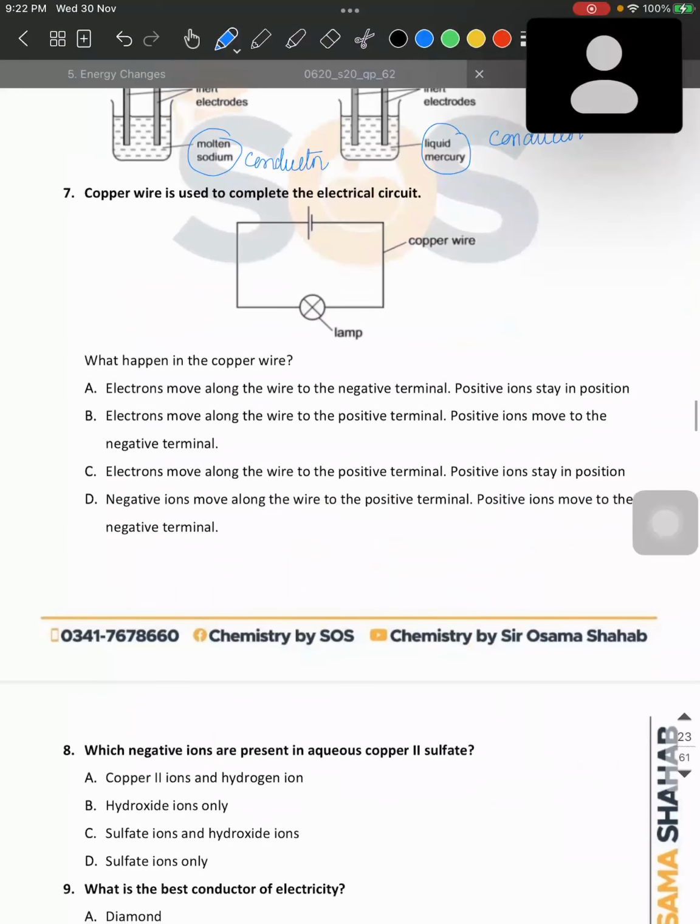Then over here, copper wire is used to complete the electrical circuit. What happened to the copper wire? Copper wire के साथ क्या होता है? You just need to keep in mind the structure of metal, right? Structure of metal में आपके पास positive ions होते हैं इस तरह से, और उसके जो electrons होते हैं they are delocalized, ठीक है ना? They are going to move, right? They are delocalized electrons.